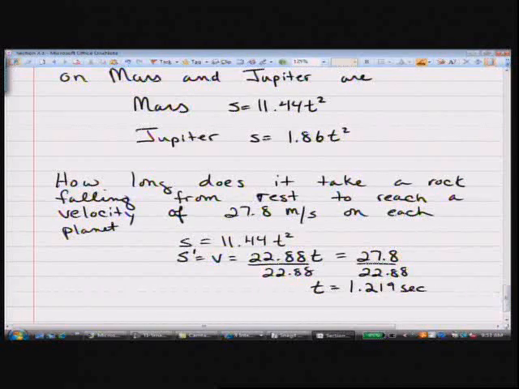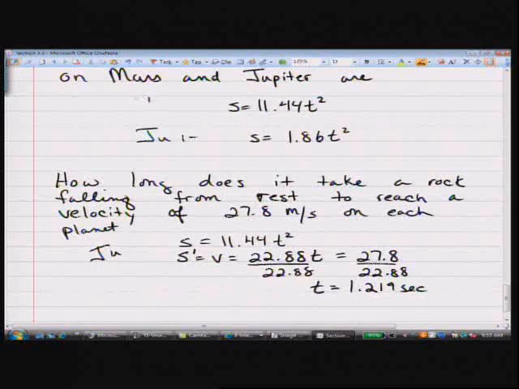That's on Jupiter. Or, wait, is that Jupiter's? That's on Mars. Did I copy that right from the notes? Let's see. Darn it. This is what I get for not having this typed.